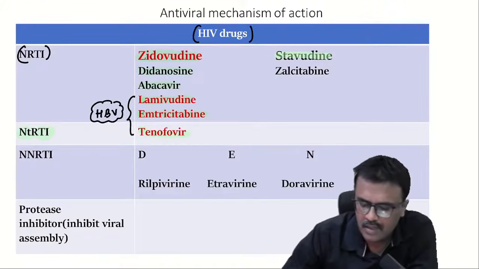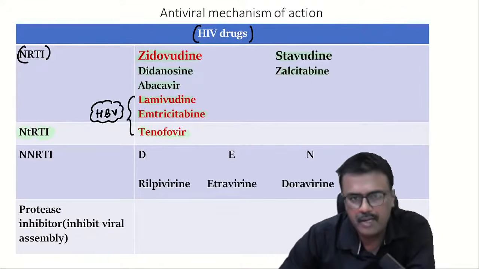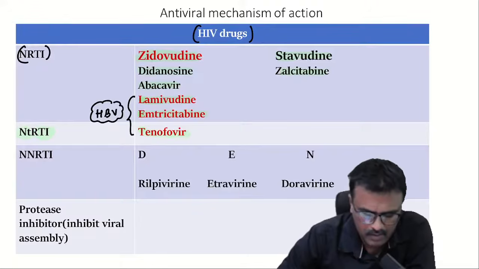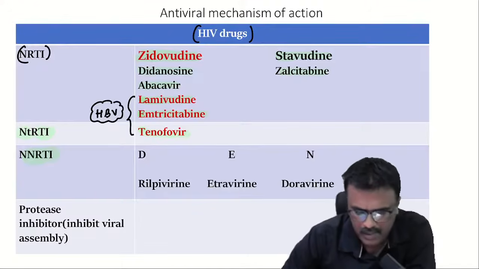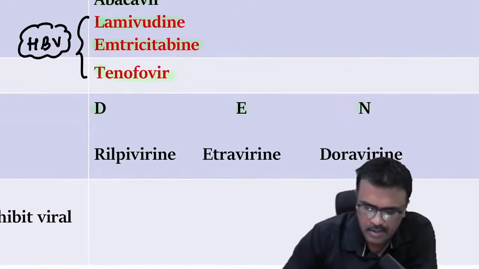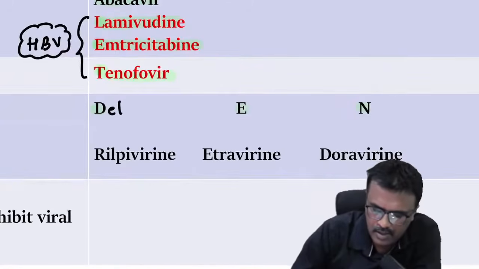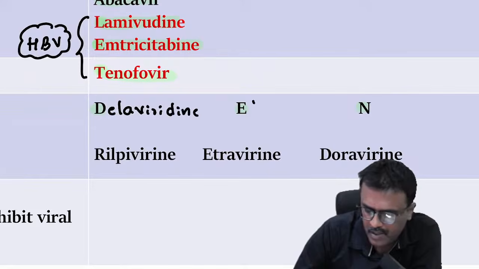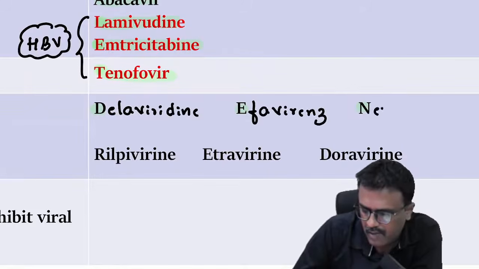The other drugs are stavudine and zalcitabine. Then we have NNRTI. NNRTI, we have the DEN drugs. The DEN means delavirdine, efavirenz, and nevirapine.